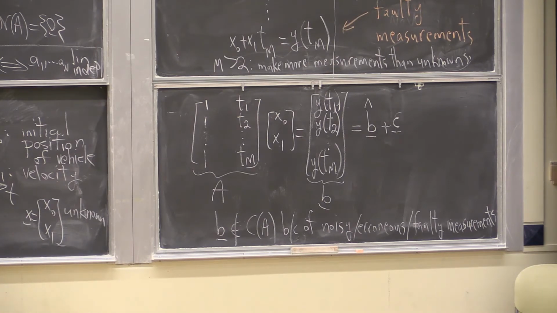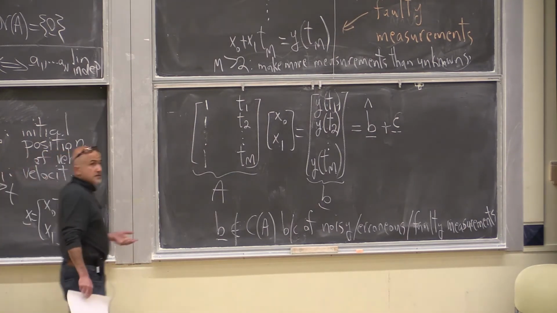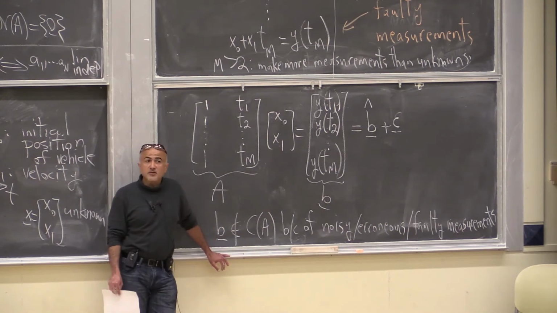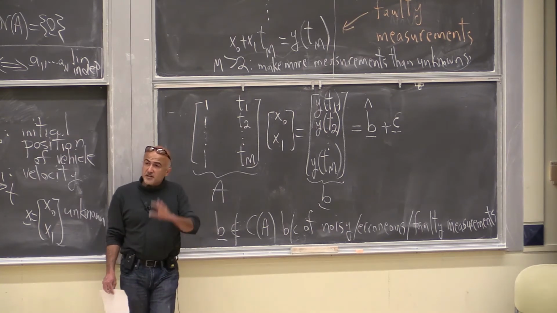I've got two unknowns. It's a linear model. It may turn out that once you do the analysis, the error is not acceptable. Maybe if you try a polynomial instead of a straight line, you get a better error in the end. Okay? So that's a separate problem.